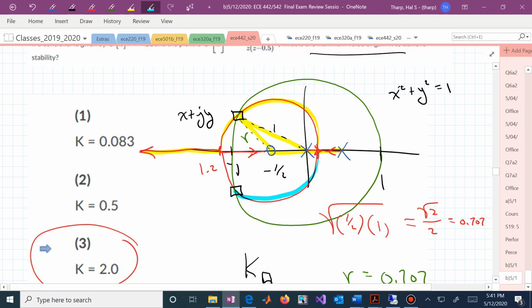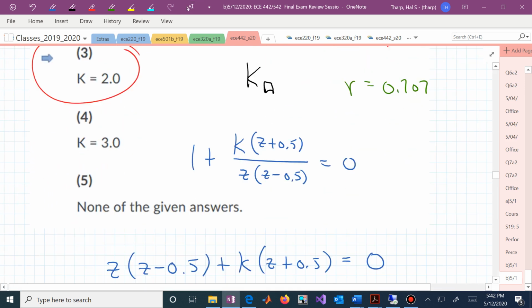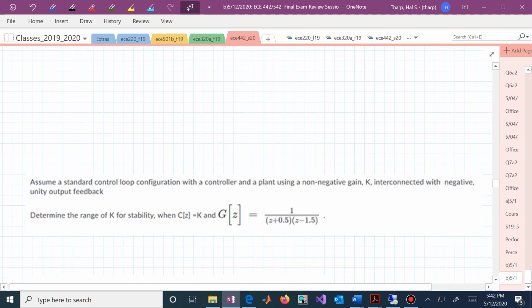The other one does come around and come back in, but this value of K at -1 might evaluate to one of these given answers, but it's not the maximum value of gain for stability. We've already surpassed that once we hit the box. We can't say, oh, it's always going to be that value of K when z is equal to -1. No, no, no, that's not always the case.